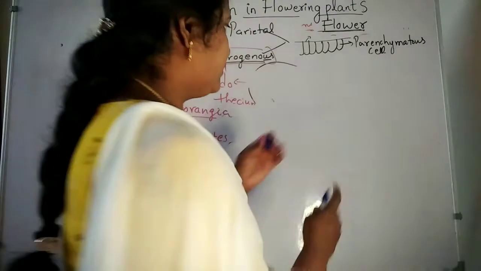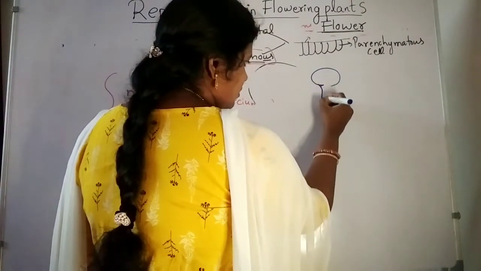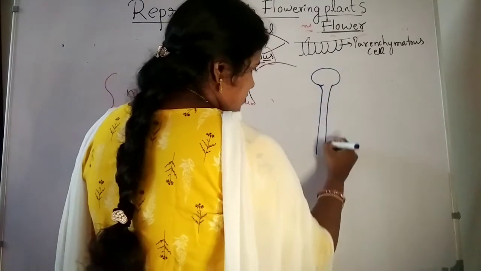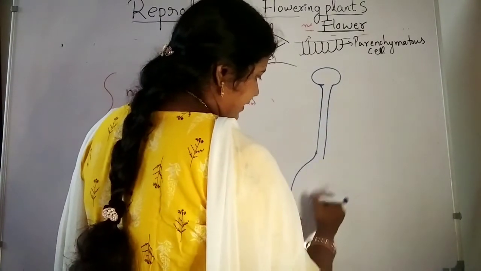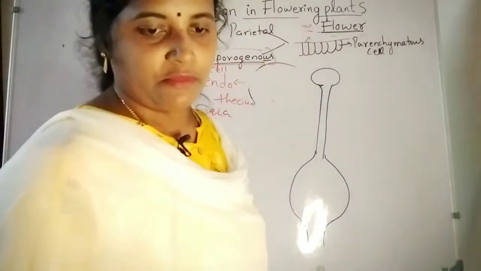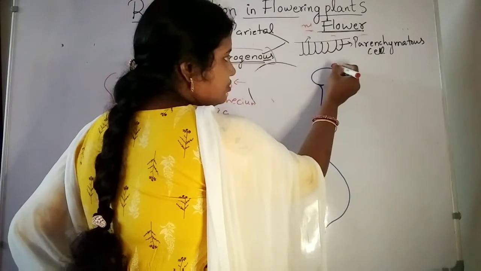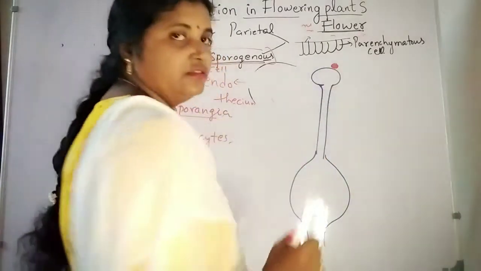The pistil part is a very, very important part. See here, the pistil contains the stigma, style and then ovary. It is attached to the thalamus. So here the pollen grains are going to reach the stigma.